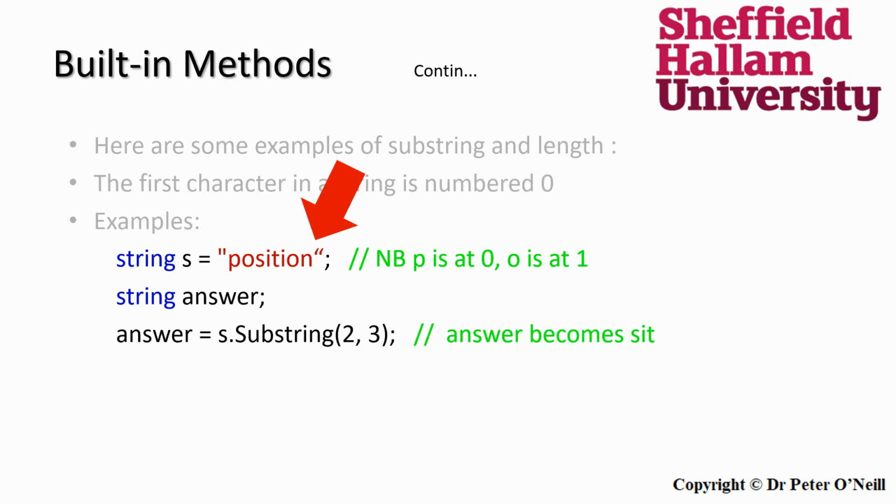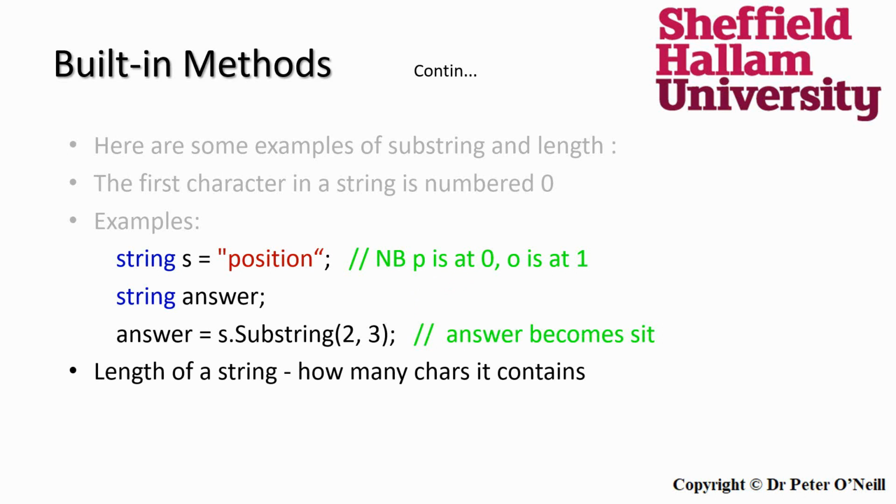And of course, number 2 in, if P is 0, then 1 is O, and 2 is S. And we're saying it's 3 characters in length. So that's S-I-T, sit.